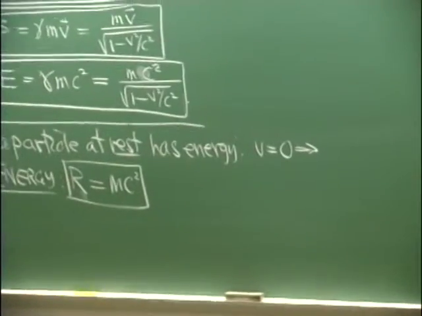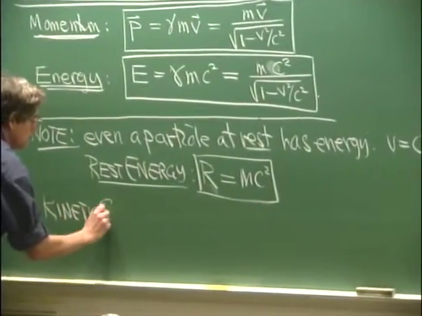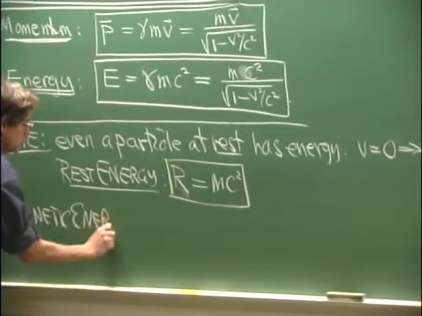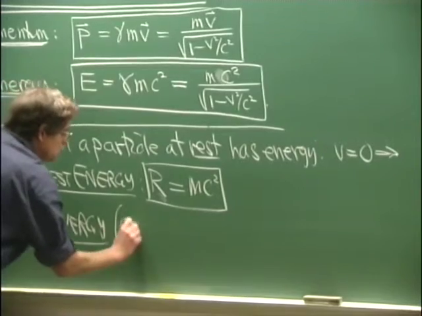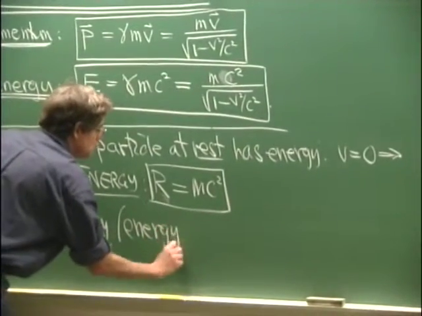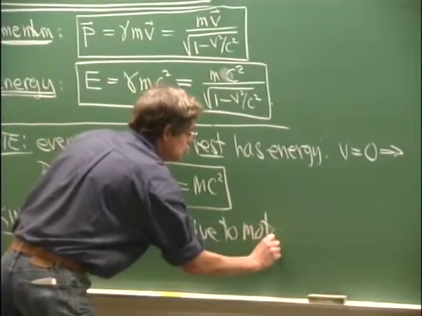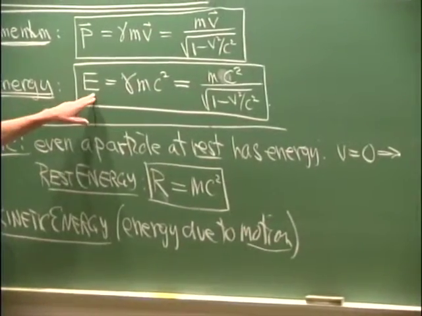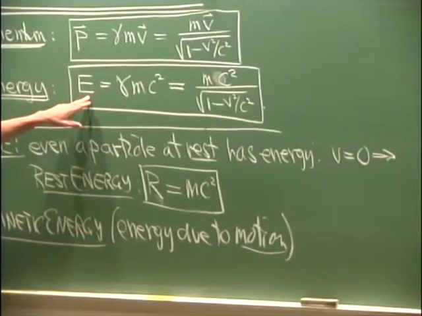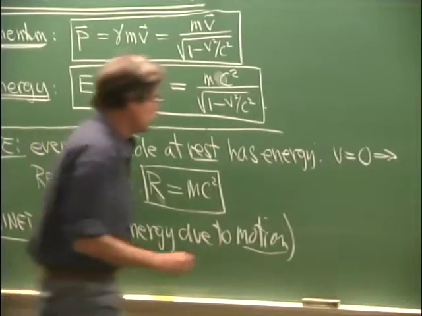So kinetic energy due to the motion is not this total energy, Einstein's total energy E, it is that minus the amount that the thing would have had even if it had been at rest.